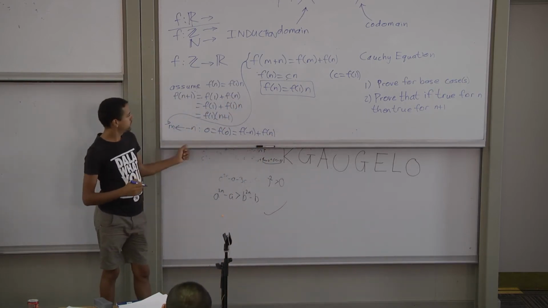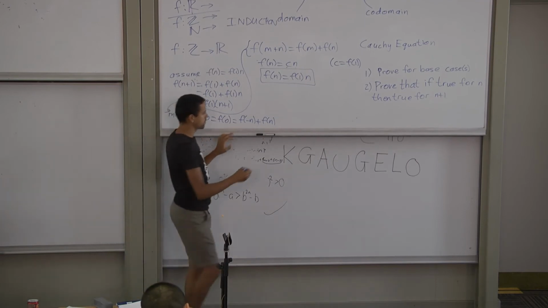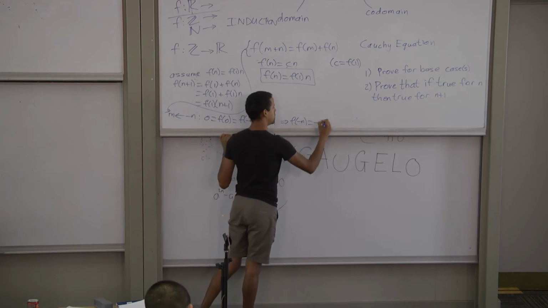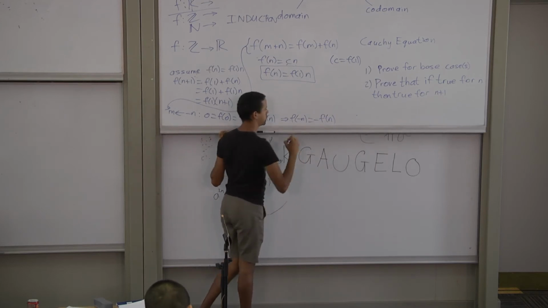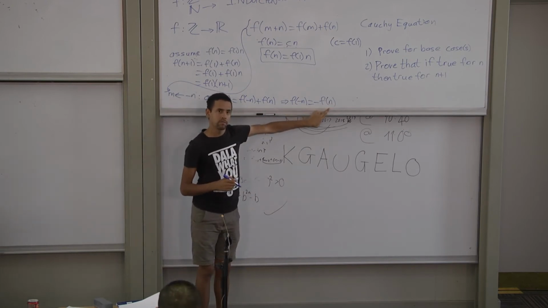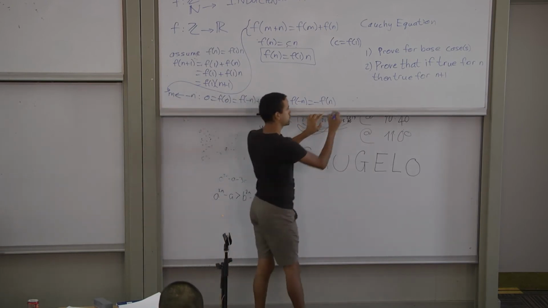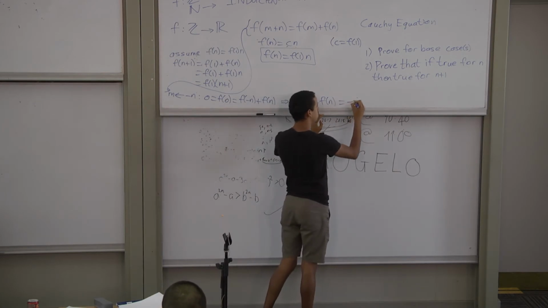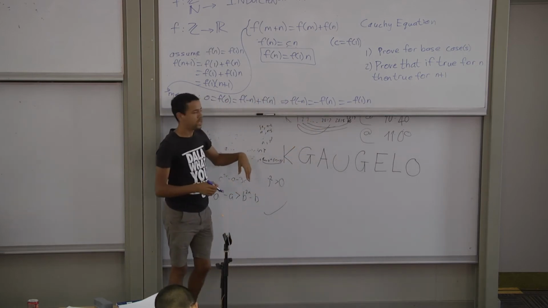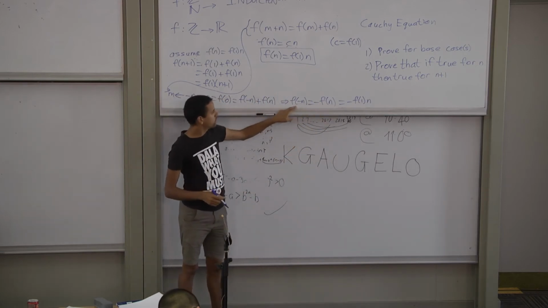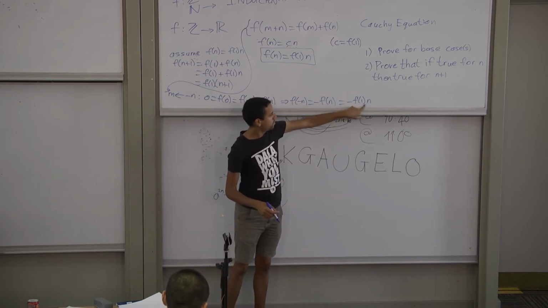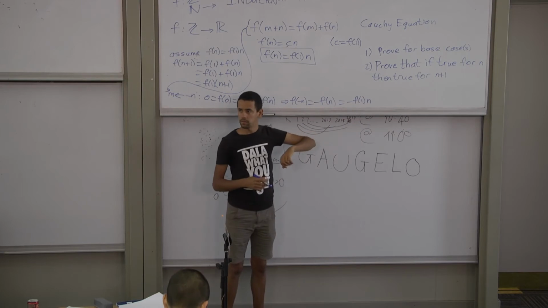So another way to write that is that f of negative n is negative f of n. And if n is positive, then we know what that is. We've done by induction, that's negative f of 1 times n. That's if n is positive. So we have that f of a negative value is also f of 1 times that negative value.